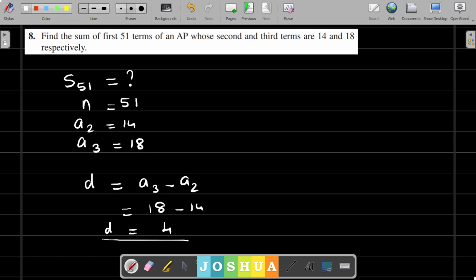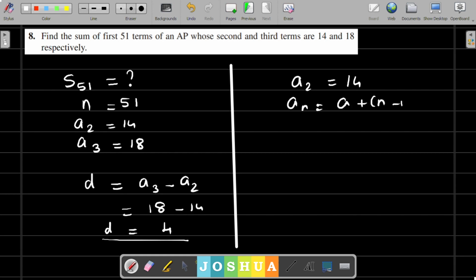Now I am going to apply the value of D in A2 or A3. I just select A2 here. We know the formula for An is equal to A plus n minus 1 times D. Here I write A2 because n is 2 at this moment.